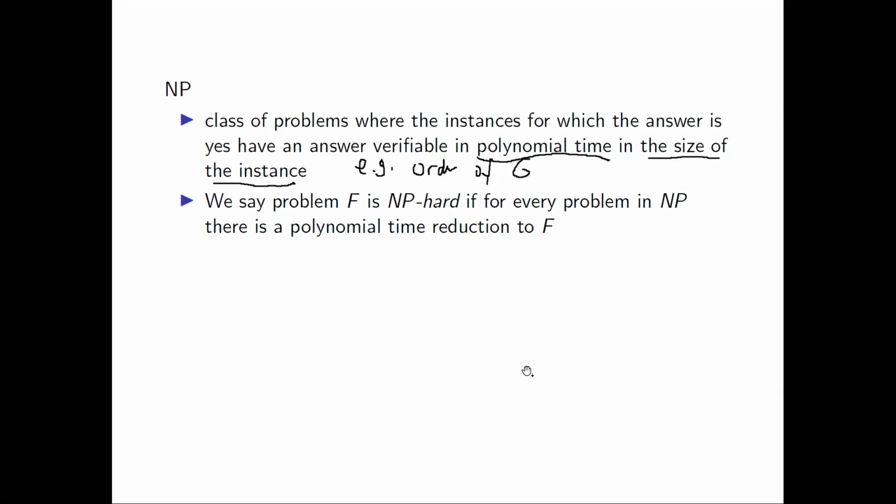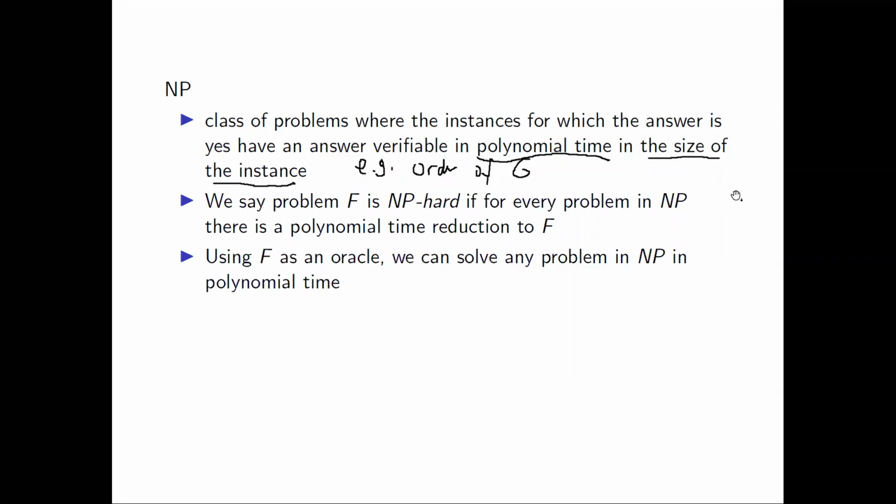Now, that wording probably sounds vague. So here is a clearer way to see it. If we use the problem F as an oracle, so if we can ask yes or no questions of F and get them answered, then any problem in NP can be solved in polynomial time using the oracle F.